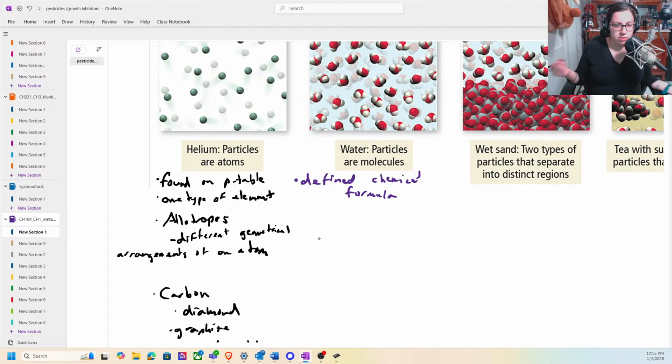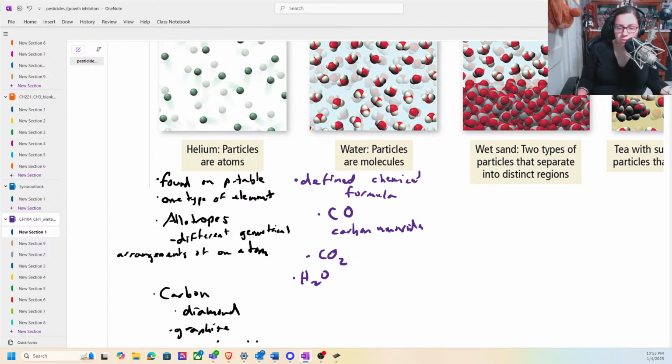And so we can start really simply. This could be CO, carbon monoxide. We can go to carbon dioxide. Water is a compound, because it is a defined chemical formula. There it is shown above.